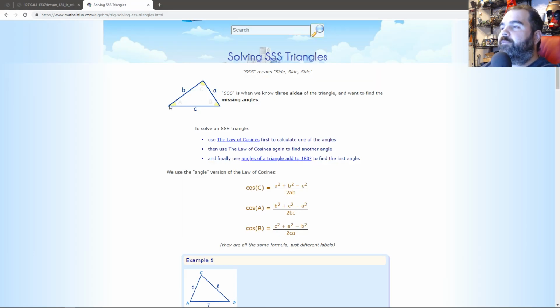So if that's A, let's say that's the upper arm, that's the lower arm, and that's our end effector. The first thing we want to do is bend the first bone, which will be angle A. To do angle A, you just do something with B and C, and then A will be the outsider, just like the equation down here.